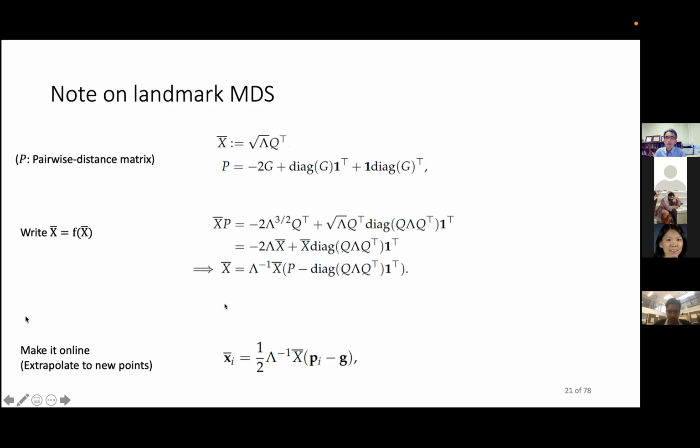Okay. So let me try to rephrase what I think I understood from what you are saying. The eventual goal is that we want to compute the correct X bar, the X bar that we are supposed to get from the gram matrix. But we want to avoid the singular value decomposition of this large gigantic gram matrix.